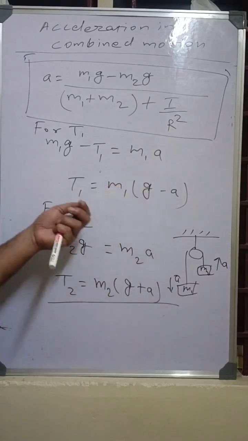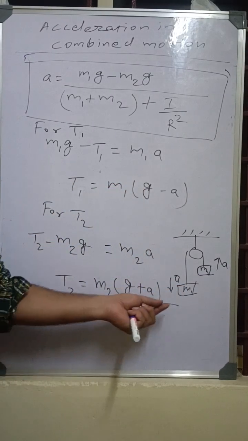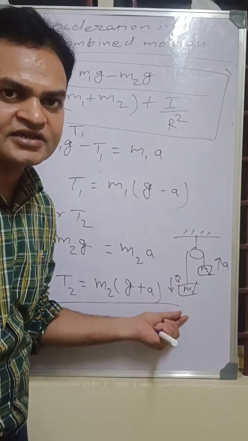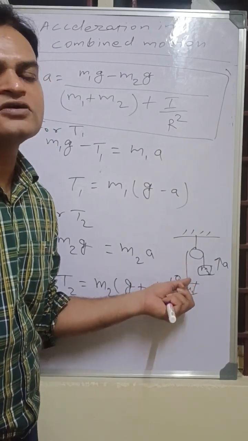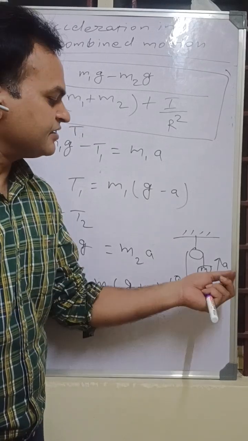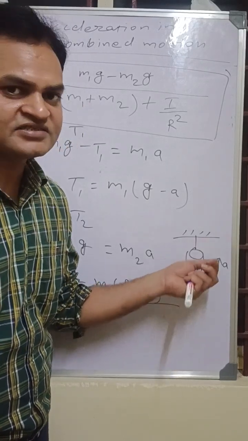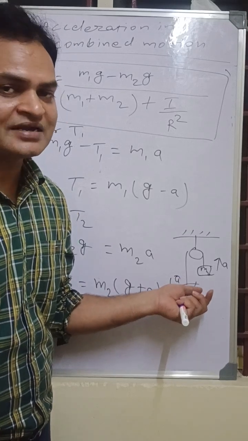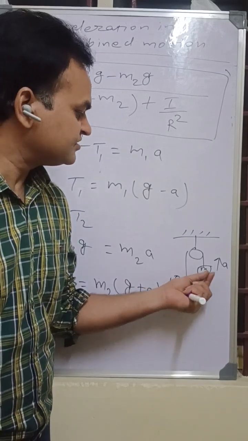You don't need to write these equations. If M1 is going downward with acceleration A, then tension T equal to M1 into G effective, where G effective is G minus A, and M2 is going upward with acceleration A, then T equal to M2 into G effective, where G effective is G plus A.